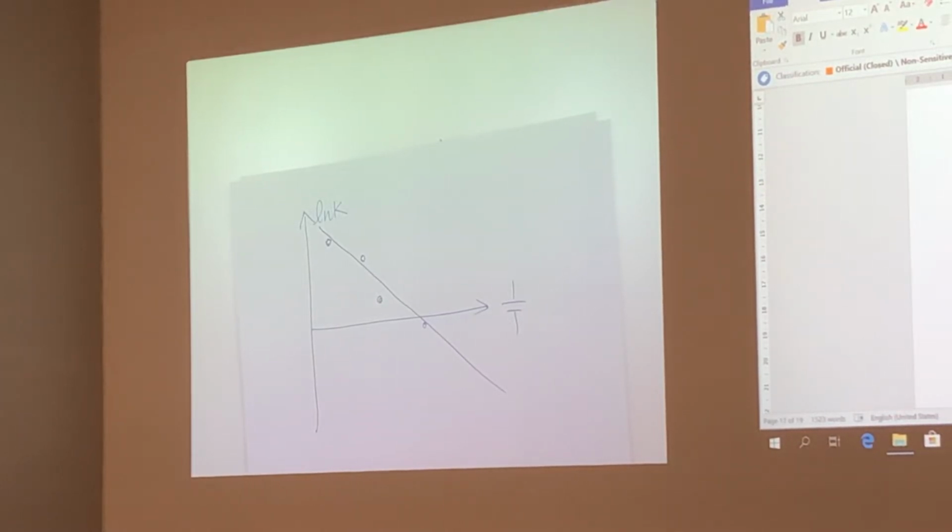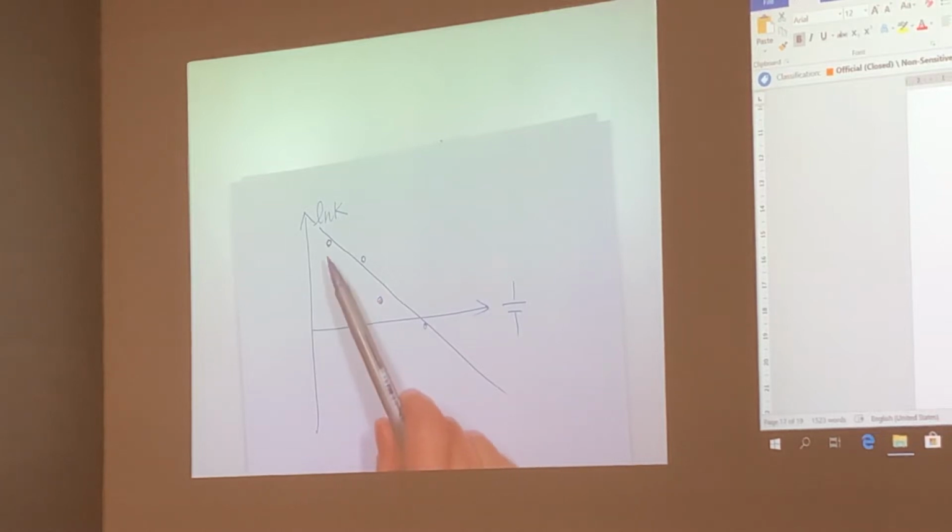Then after that, how to find the gradient? You need to choose any 2 points on the straight line. Don't choose the given points.